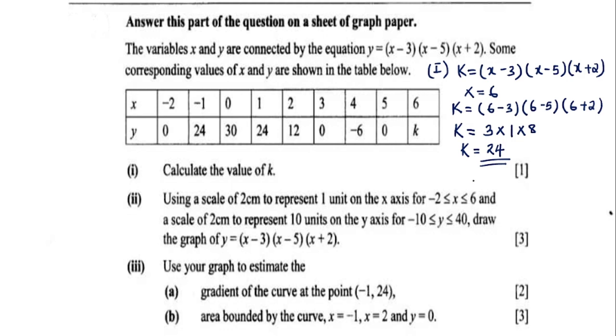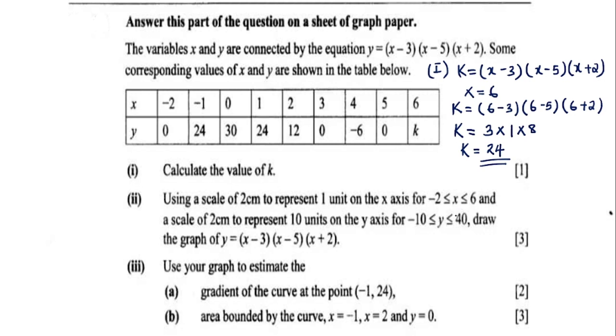of k. Okay, we continue as we look at the Roman numeral 2. Now the question says, using a scale of 2 centimeters to represent 1 unit on the x-axis, for -2 is less than or equal to x, and x is less than or equal to 6.